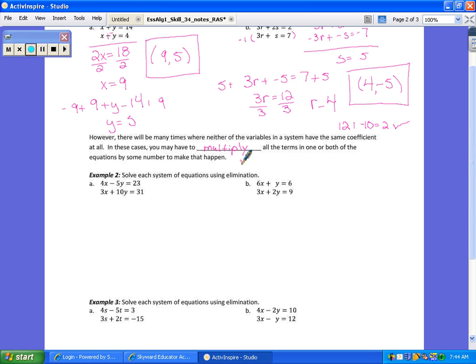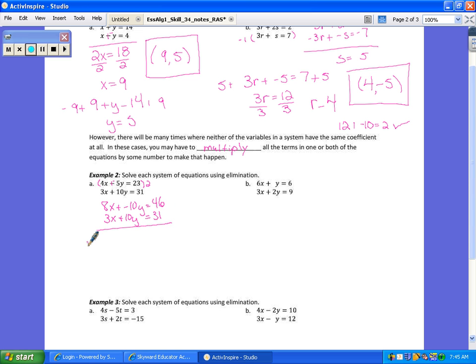But it's a little bit easier since this 5 is negative and that 10y is positive, so I'm going to work with those. First of all, I'm going to change this to plus a negative. And I'm going to choose to multiply the top equation by 2 so I get a negative 10y. 8x plus a negative 10y equals 46, and 3x plus 10y equals 31.